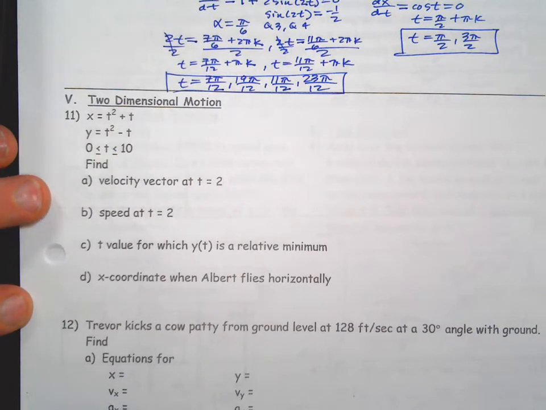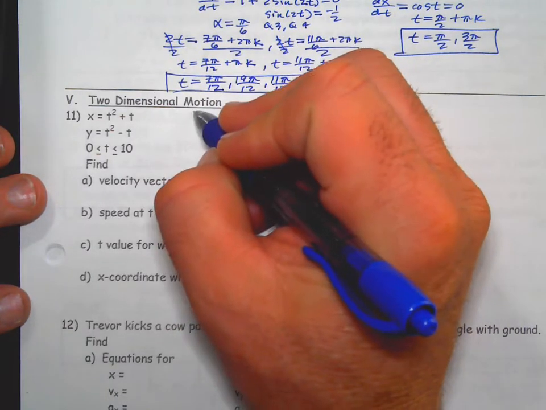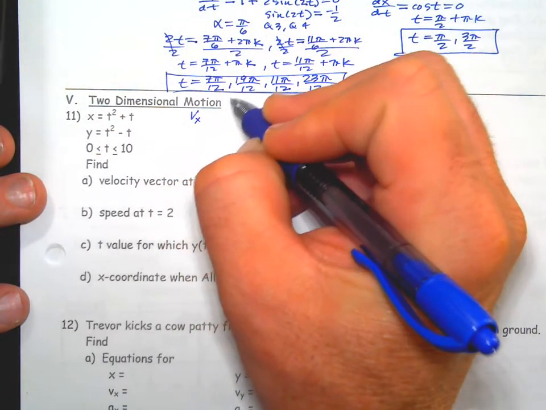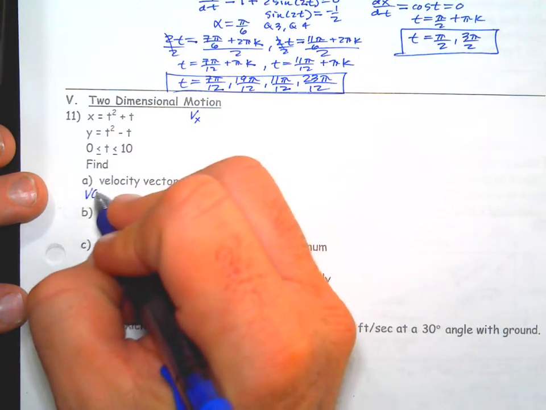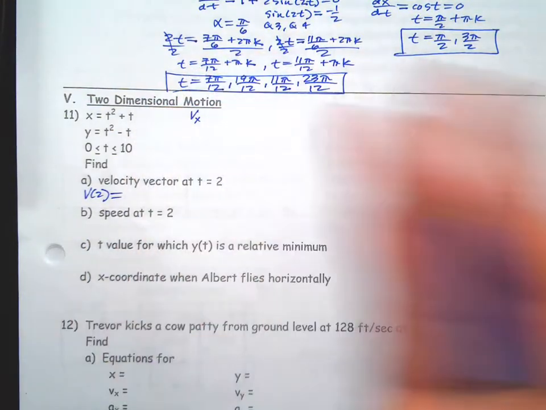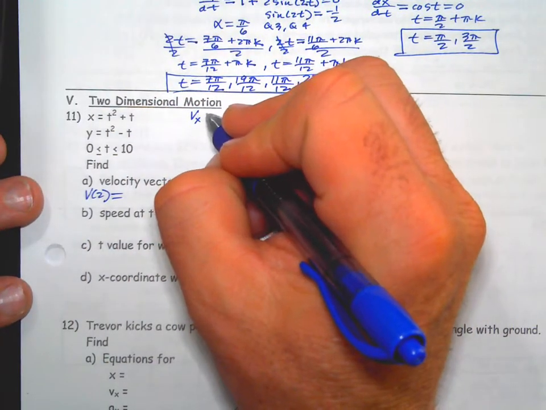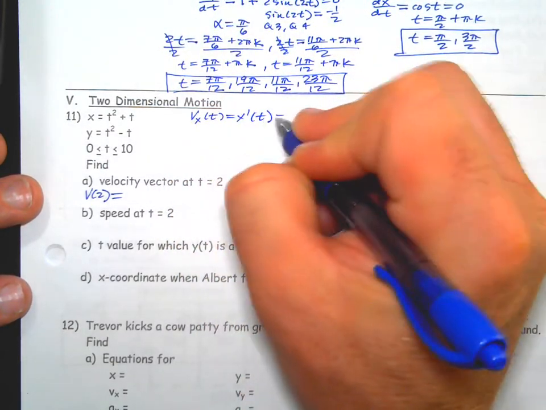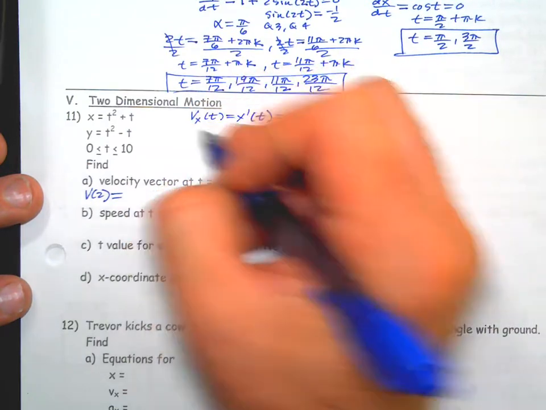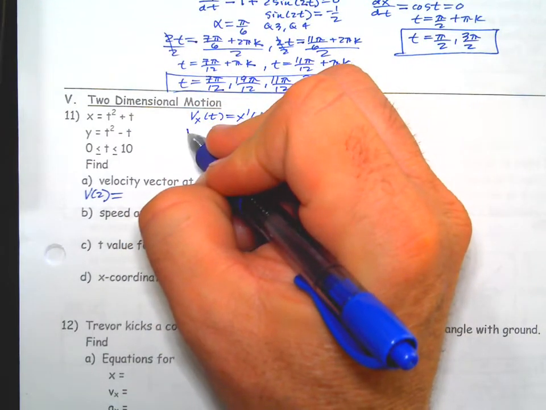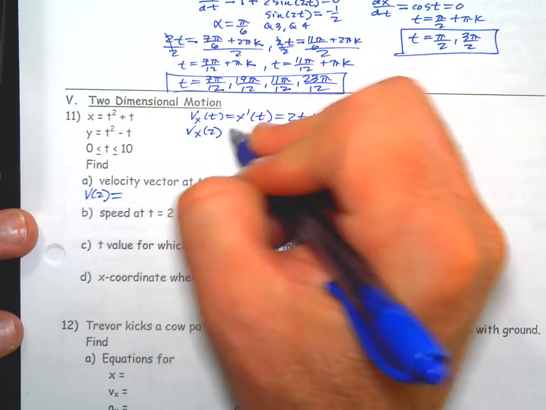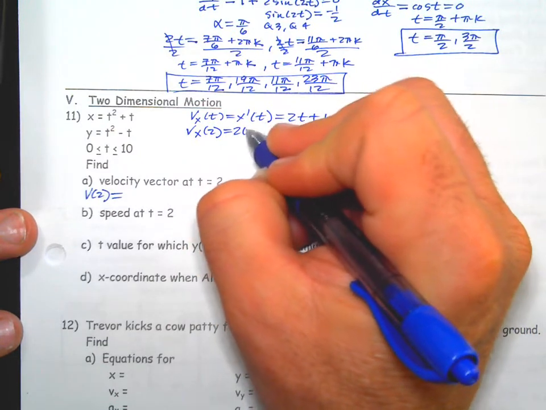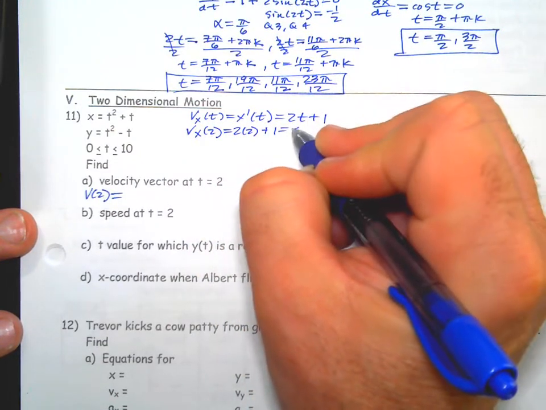So we want the velocity vector. So the velocity vector at 2 is going to be x component and y component. So Vx is going to be x prime of t, which is 2t plus 1. And so then Vx at time 2 is going to be 5.